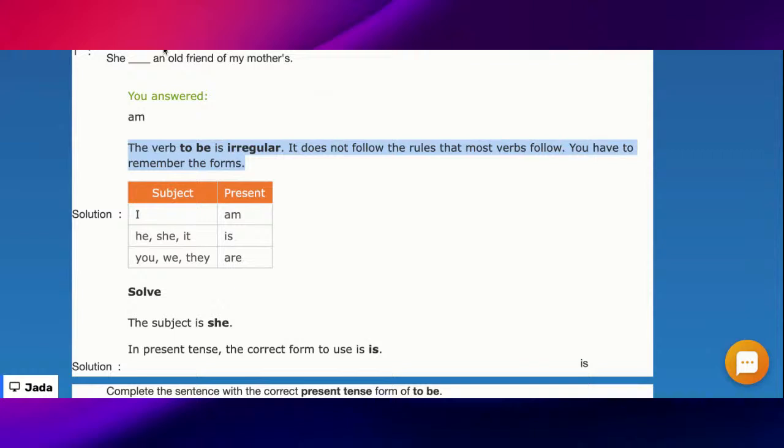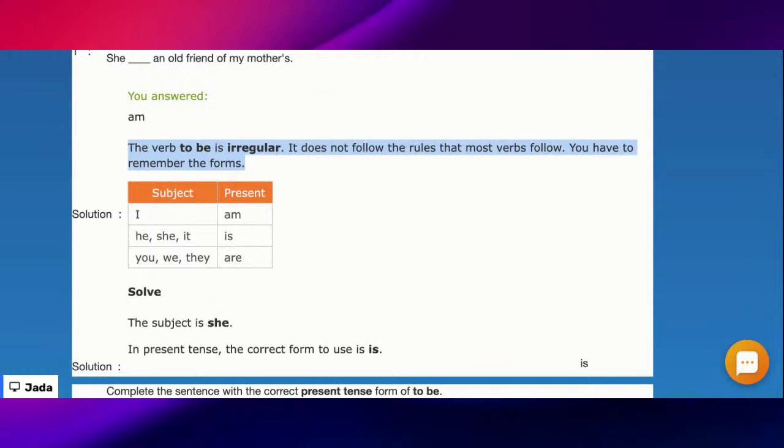If you know any irregular verb, you can write them on the chart so that we can see. So it's irregular, and you have to be the one to remember. It's not like the normal regular verbs that end with ed.